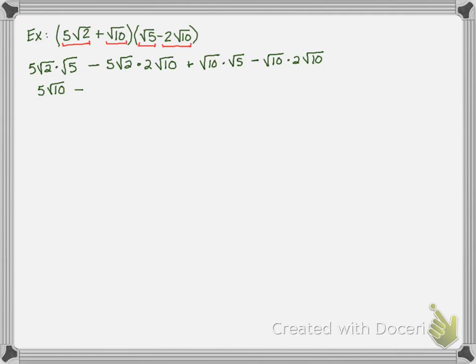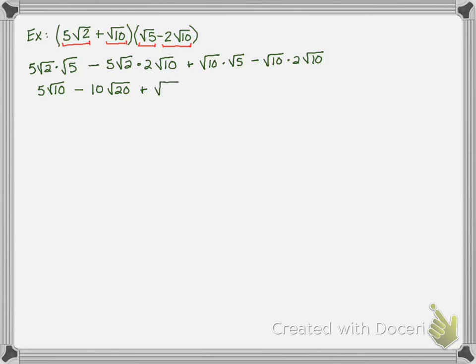So here, we're going to do 5 times 2 to get our coefficient. So that's 10. And then we have the square root of 2 times the square root of 10, which is the square root of 20. So again, just like with polynomials, if I had 5x times 2x, I'd do 5 times 2 to get my new coefficient, and then x times x to get the variable factor. So same idea, I'm doing 5 times 2 to get my new coefficient, and then multiplying the radicals to get my radical factor.